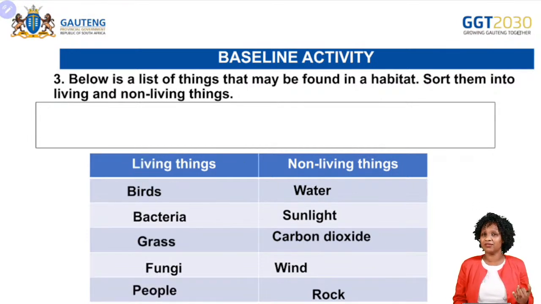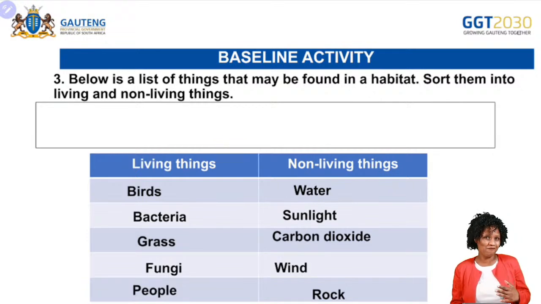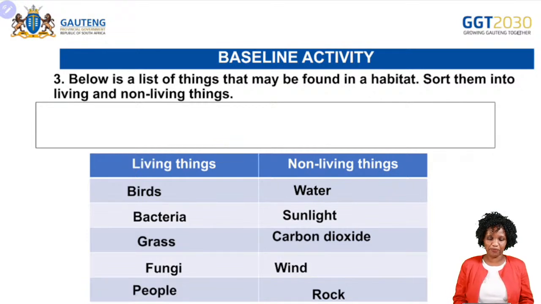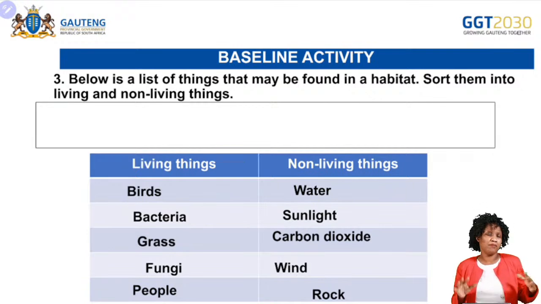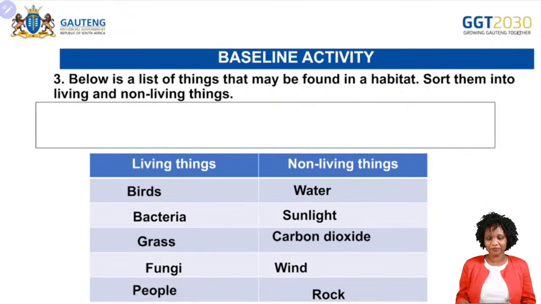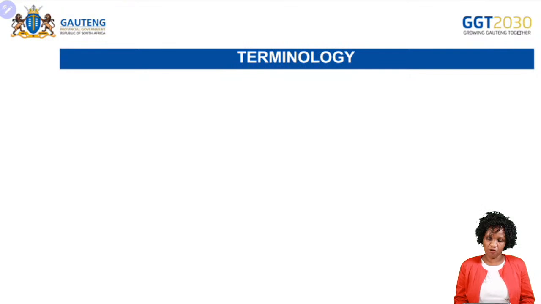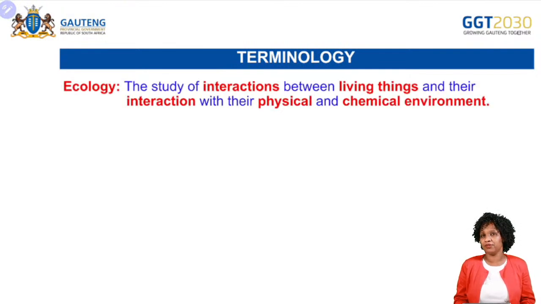We've got birds, we've got bacteria, grass, fungi, and people. All these are living things, okay? And then, remember we're now in grade 8, we are talking about biotic and abiotic, okay? Let's move on. Let's define the terms.